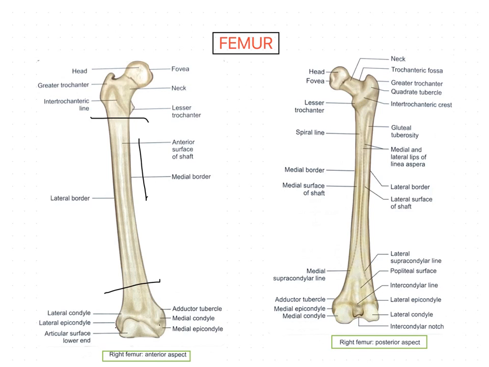The head is directed medially and the shaft is cylindrical and convex anteriorly, or convex forwards. By all these features we can determine the side of the femur.